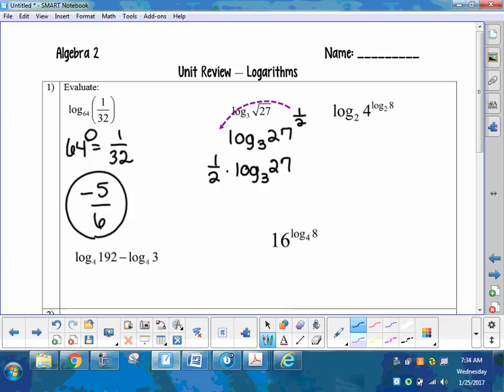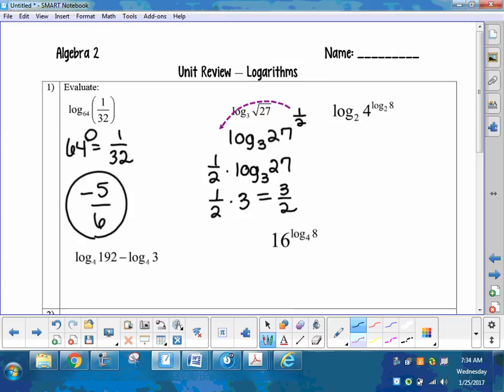Now let's answer this. 3 to what power gives me 27? Hands up, please, when you can tell me. Third. So this would be 1/2 times 3, which is 3 over 2. Questions on that?